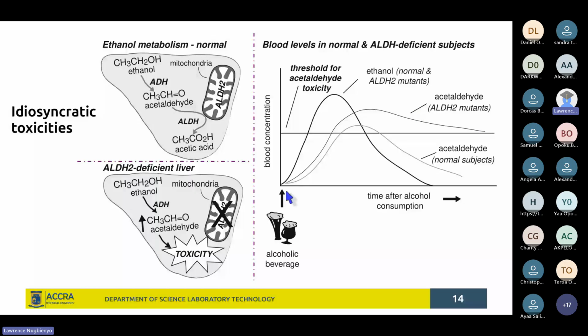Because see, the horizontal axis is showing the time after alcohol consumption, and you realize that the straight line there is showing the threshold for acetaldehyde toxicity. For such persons that have slow metabolism of alcohol, acetaldehyde stays much longer in their body above the threshold acetaldehyde toxicity level.